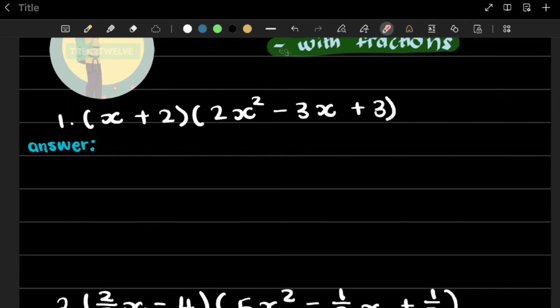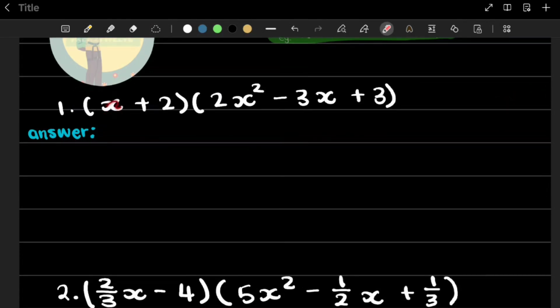A term is something, obviously, a number plus its sign. So for example, over here, this x is a term, but x plus 2 is not a term. Only plus 2 is a term. Why? Because it has its sign attached to it.